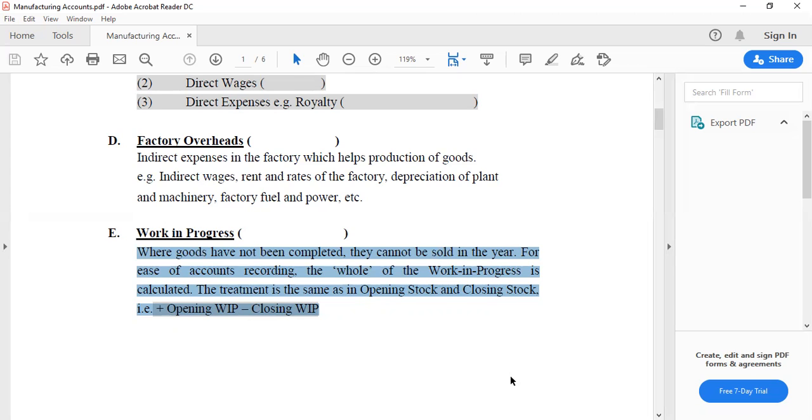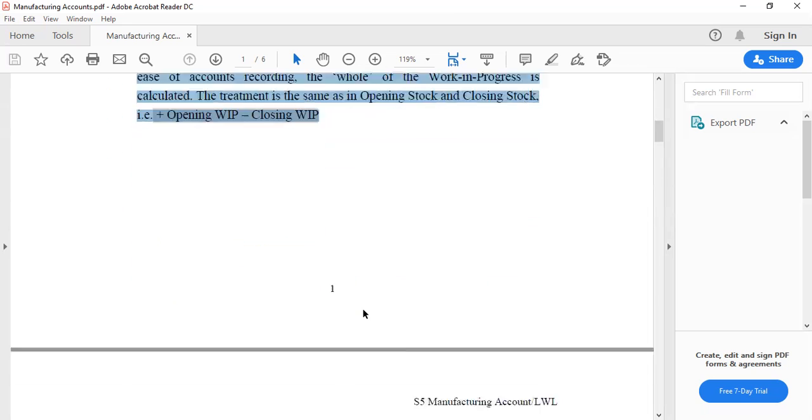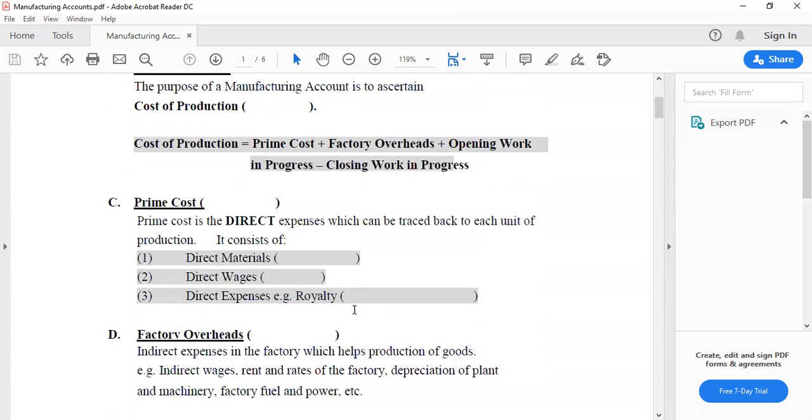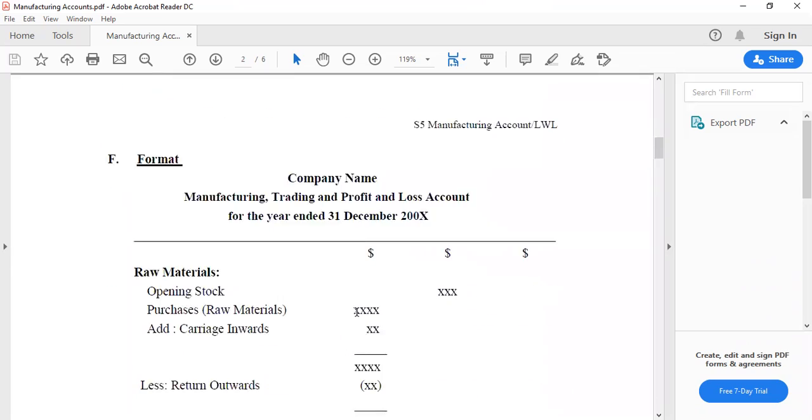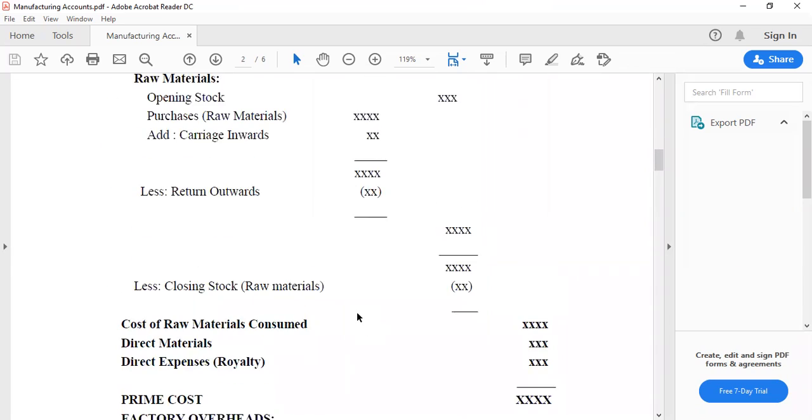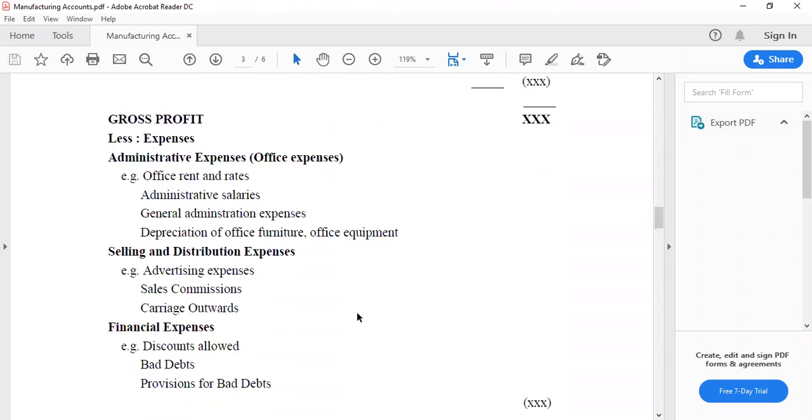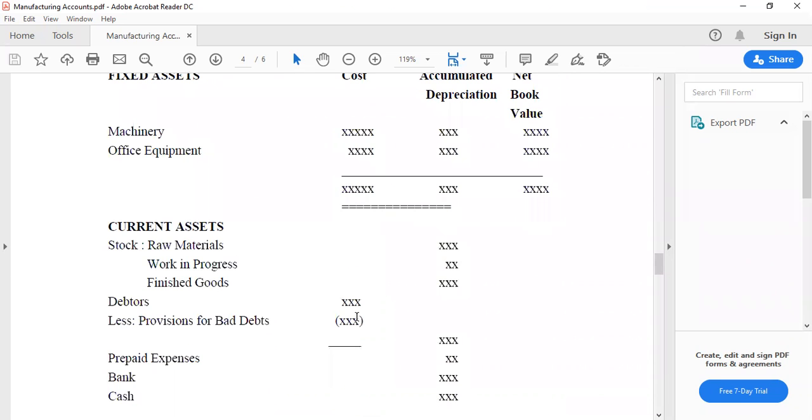So we actually have three types of stock. Let me scroll downwards. The three types of stock: we have the raw materials. Can you see where I've highlighted? So we have three types of stock that we normally have in the organization.